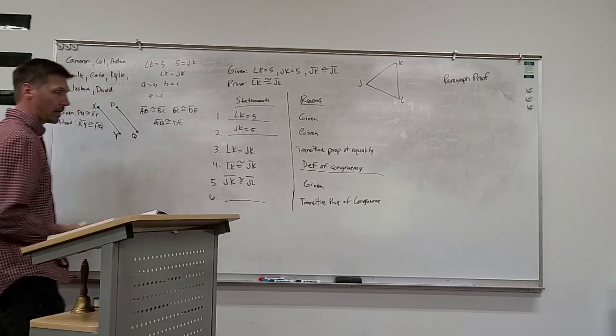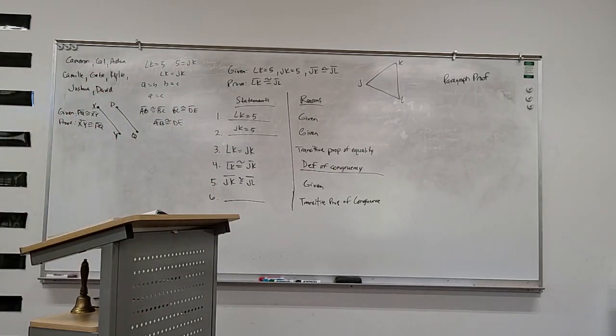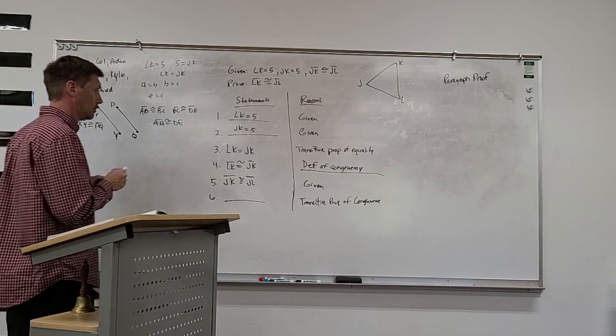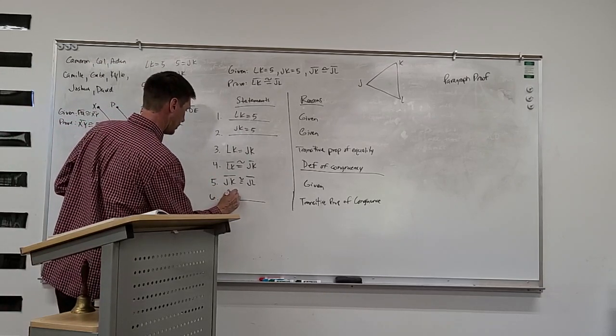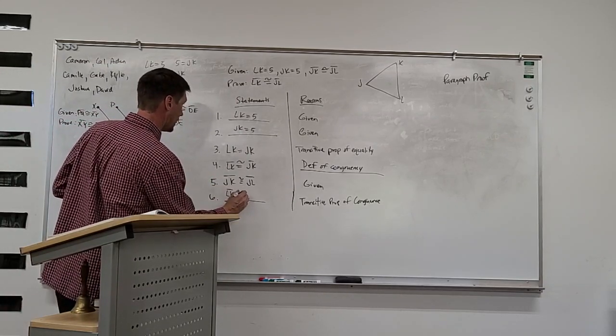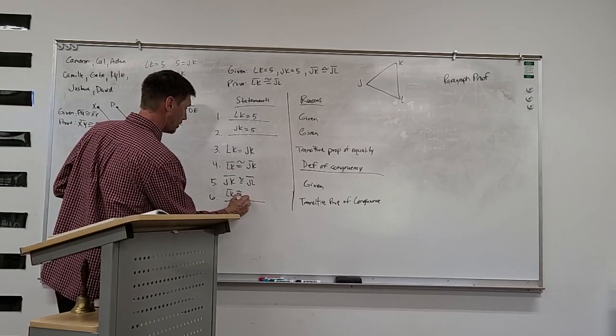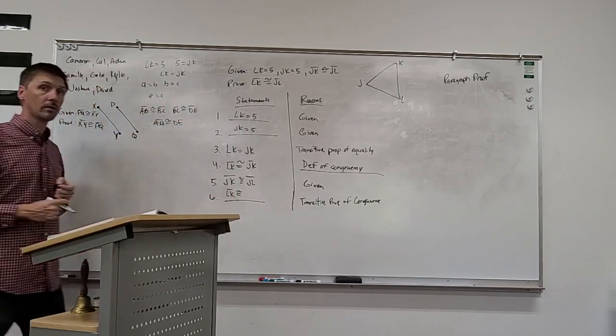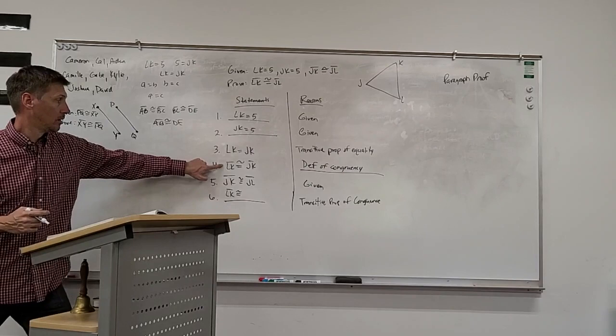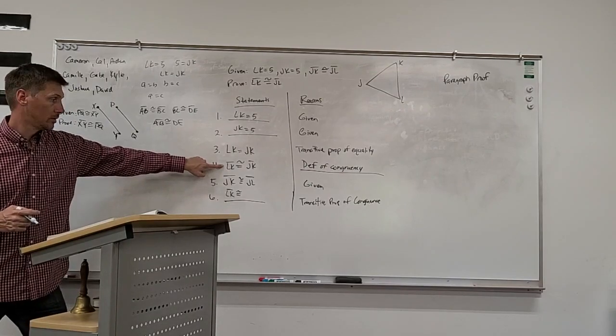So what's going to go right here? Somebody that hasn't said anything yet. Brittany. Line segment LK is congruent with line segment what? JK. That's what we say right here. So what must it be?